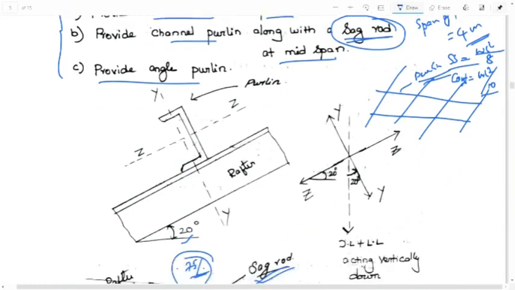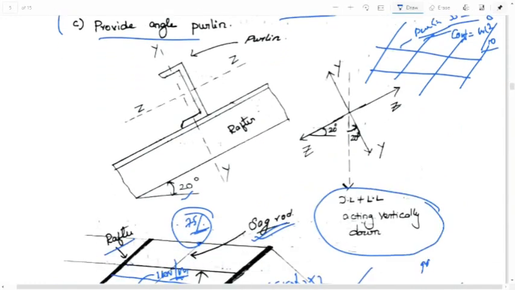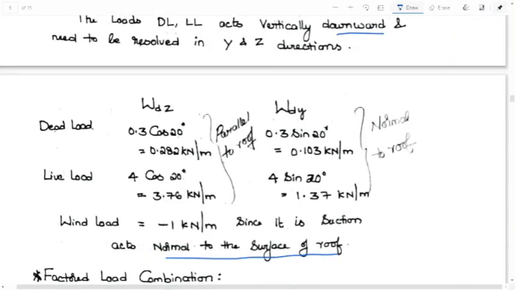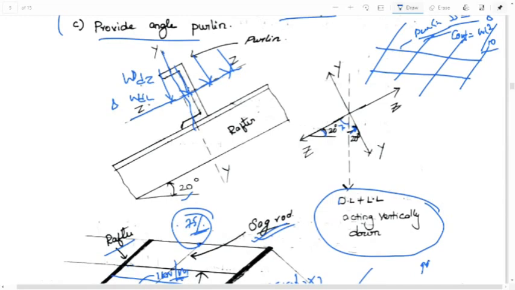As I showed you in this image here, this dead load and live load act vertically downward, considered to be acting normal to the surface all the time, right? Dead load and live load components normal to the roof will be acting on the XX plane, Z plane. So we put Z as suffix to it. And these are the components parallel to the roof.